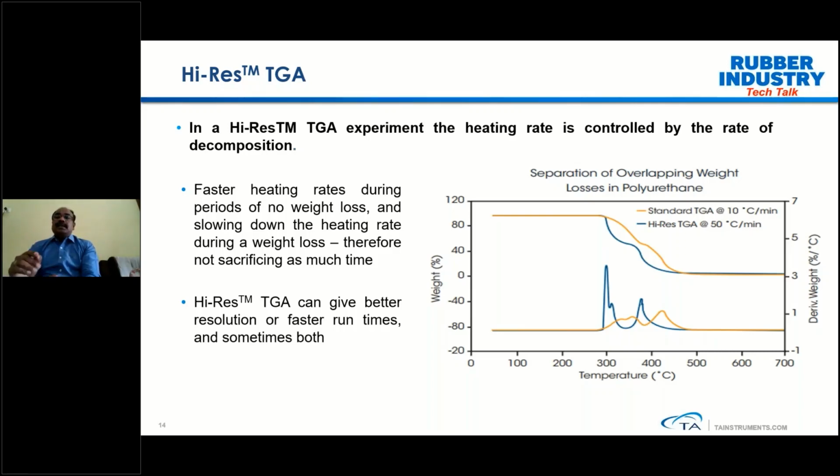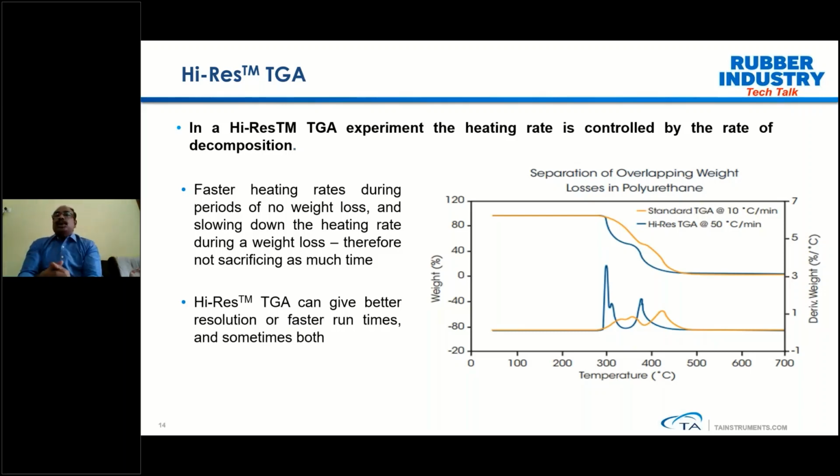So what we see is a much sharper peak, and you can see the clear shift of your decomposition pattern. But look at the derivative peaks. Now the derivative peaks clearly show sharp peaks. So now we are able to get those decomposition patterns in a much better resolution, and we can also clearly separate those overlapping events. This is the clear advantage of high-res TG.